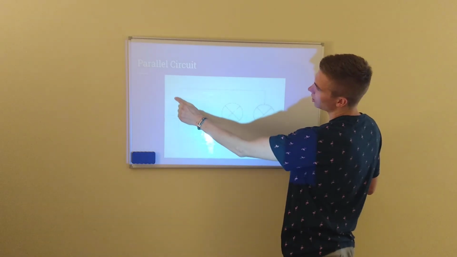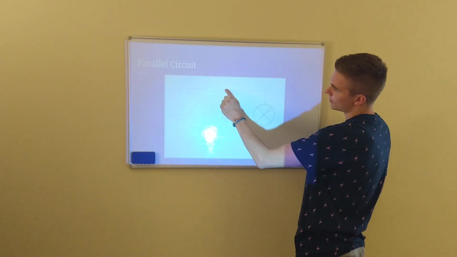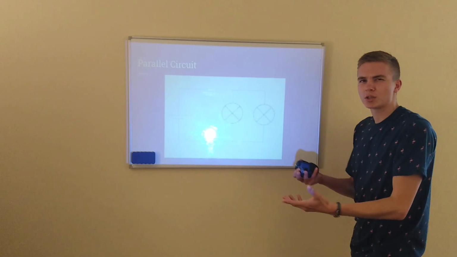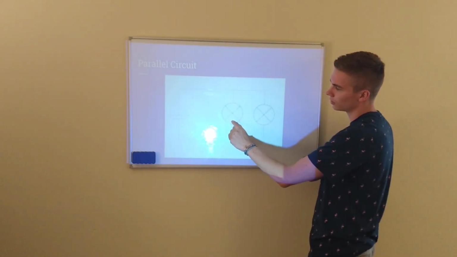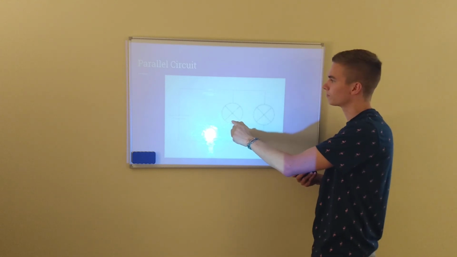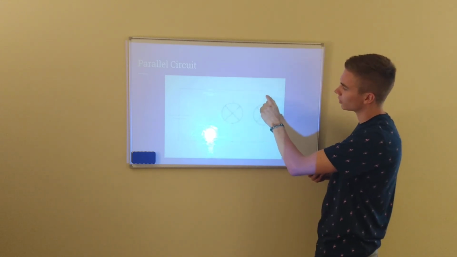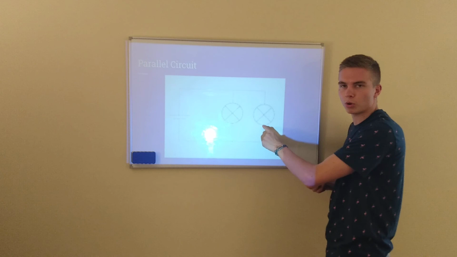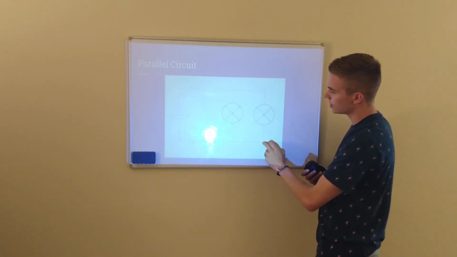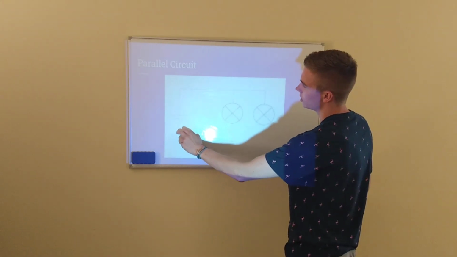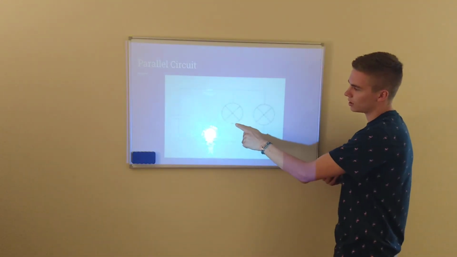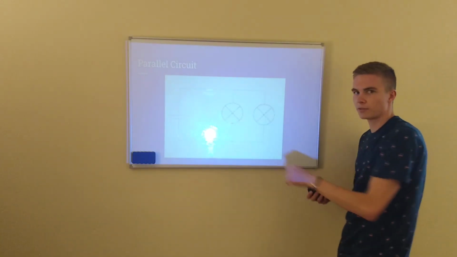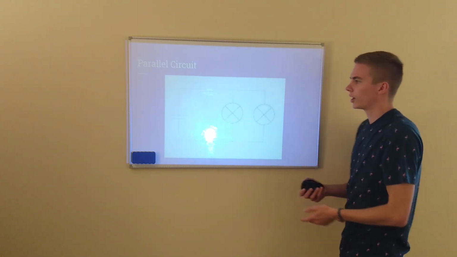Instead, if we follow our wire here, our electrons have a choice in where they can move. The electrons can either come through here and flow through that light bulb, or come over here and flow through that light bulb. In the end, they go back to the battery and start their journey again. But in this case, the electrons have a choice.